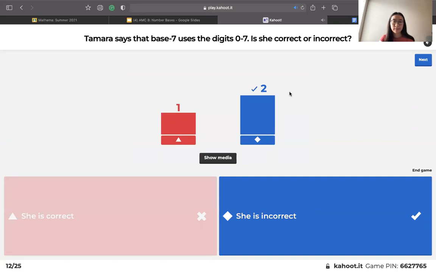Yeah, she's incorrect here because base 7 will only use digits from 0 to 6. It can't use 7. And same thing for all bases. It uses all the numbers less than the base. So base 10, it only uses 0 through 9.